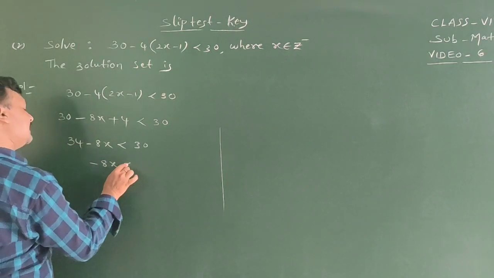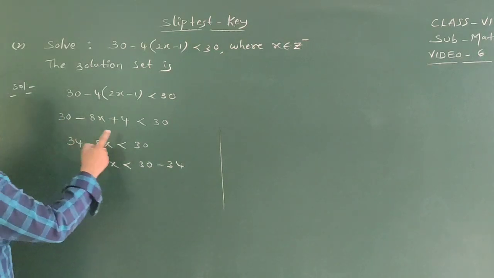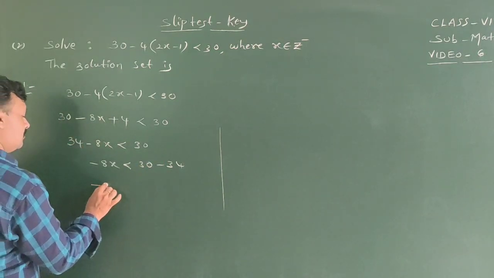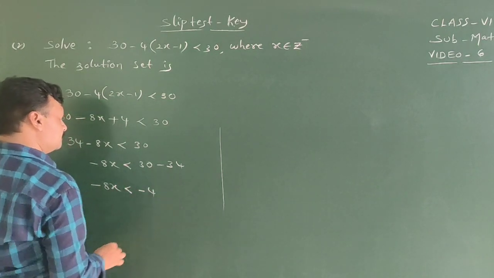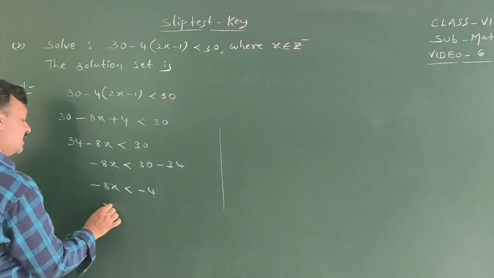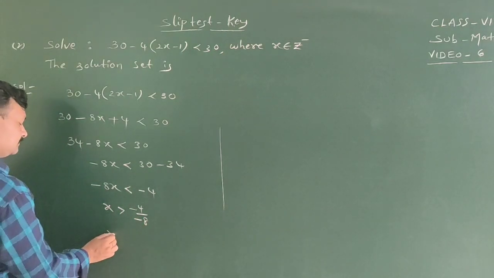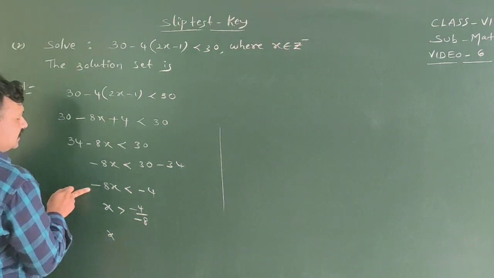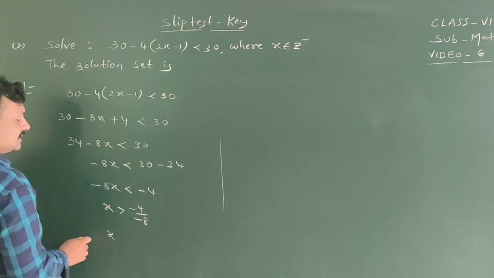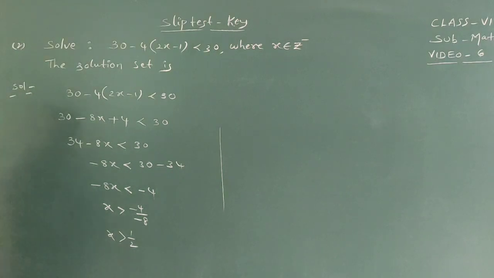Here minus 8x less than 30 minus 34, which is minus 4. Dividing by a negative, the inequation sign alters. So x greater than 1 by 2.